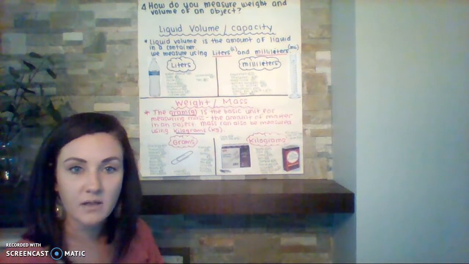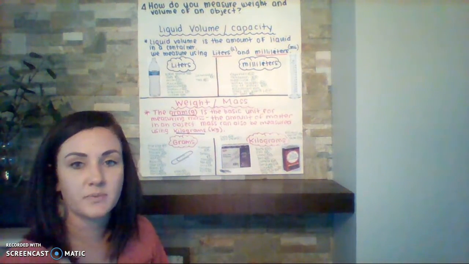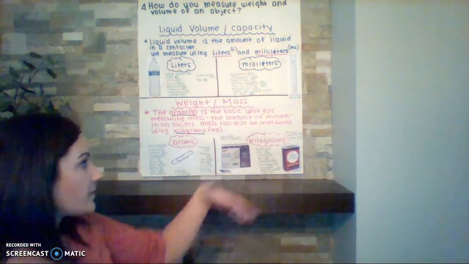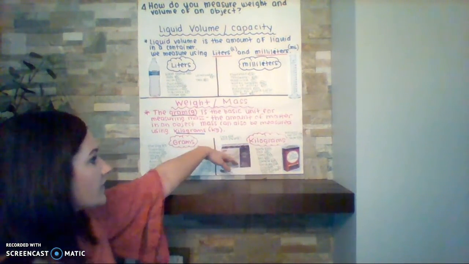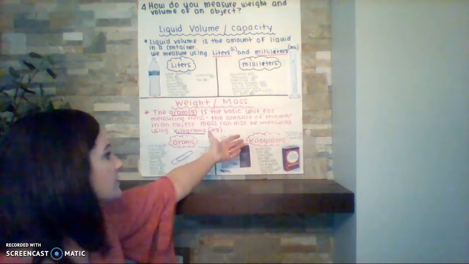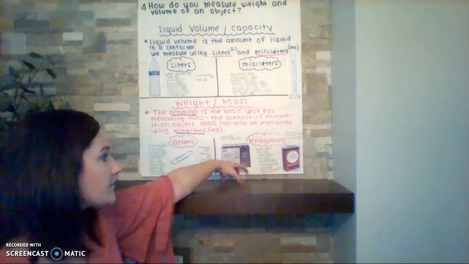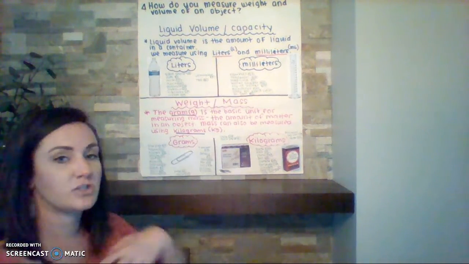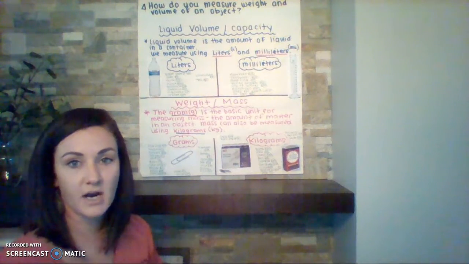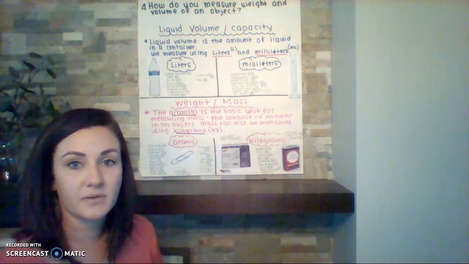Those smaller objects are measured with grams. Now for kilograms, you're looking at bigger objects, for example an animal, a person, a lamp, a computer, a clock, a bag of sugar, a desk. Those bigger objects you measure with kilograms.